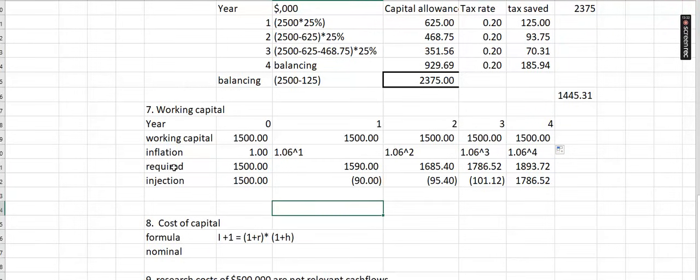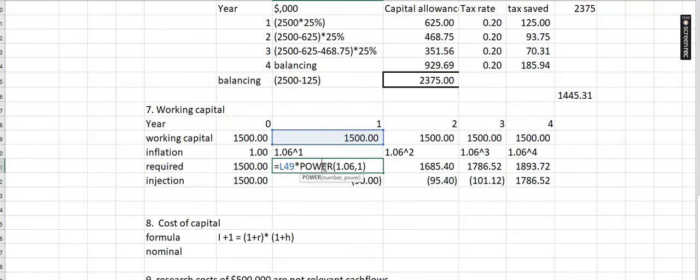Then to find working capital required, you'll be multiplying the amount times inflation, like that, right? The amount times inflation. So in year 0, it will be 1.5 times 1, right? That's obvious. Then in year 1, it will be 1.5 times 1.06 to the power 1.